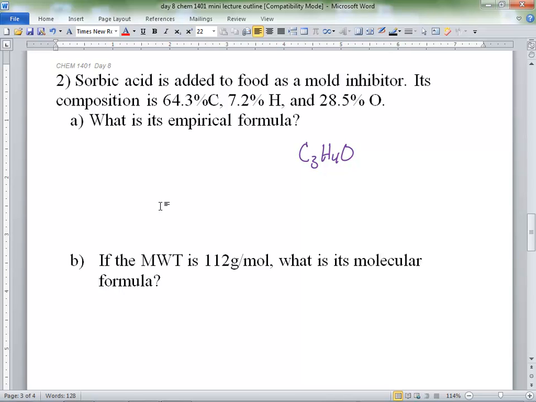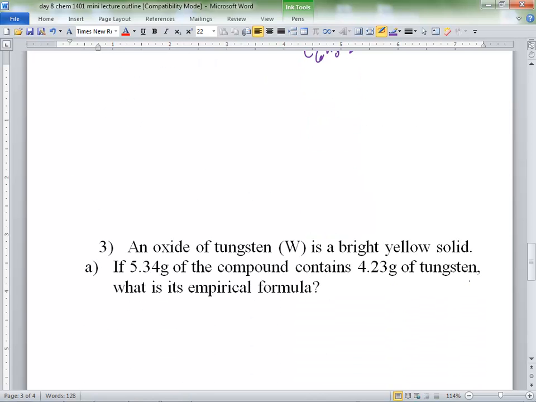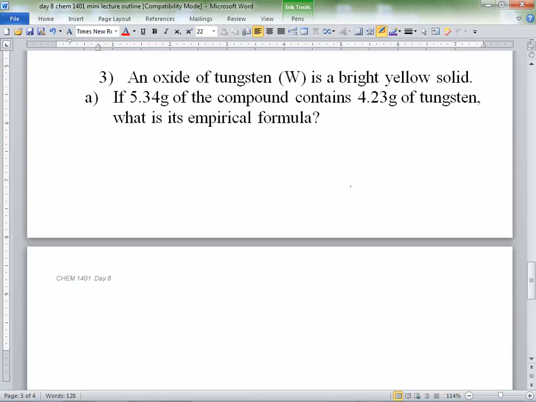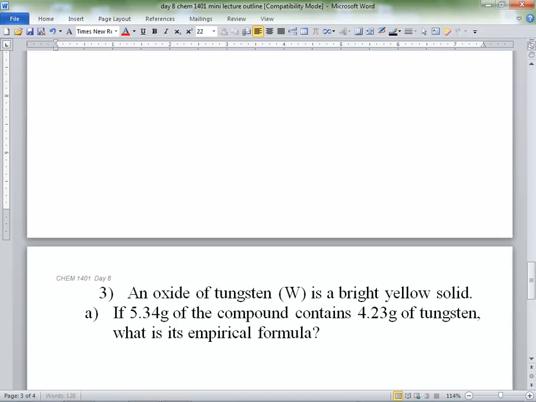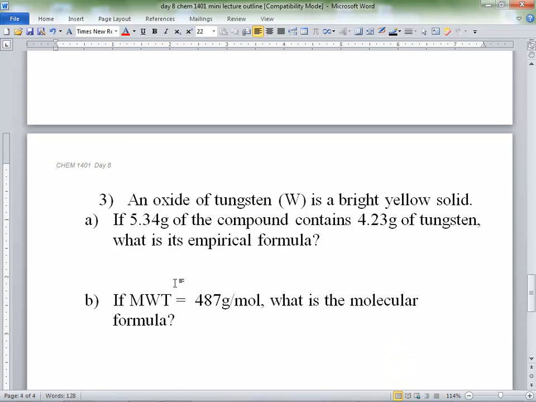Okay, if you got the final answer of C6H8O2, try the next one. If you didn't, let me help you. So that's your empirical formula.